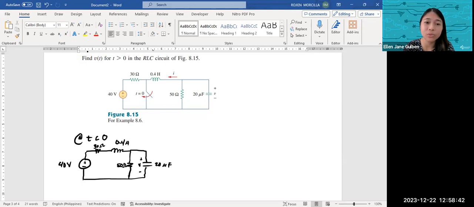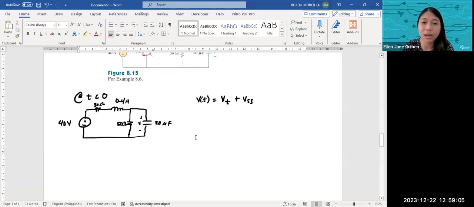So what we will need to do is get the general formula for this one. The general equation is we're going to get the V of t, V of transient plus VSS. And since we have a non-parallel, non-series circuit, we can't use the previous formulas that we have solved for.